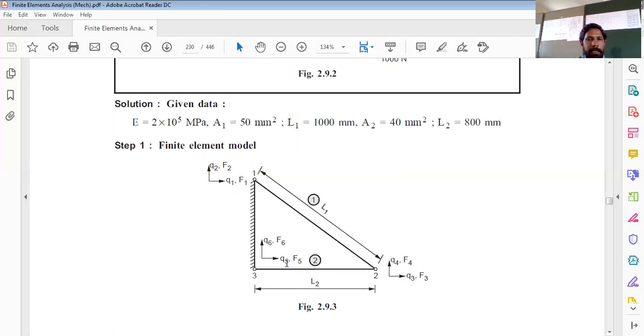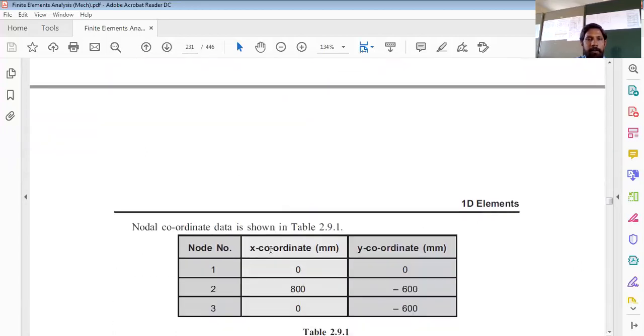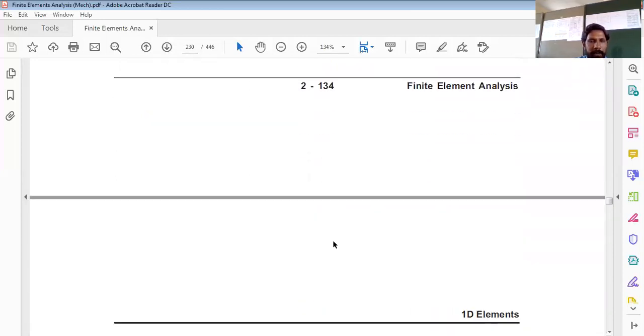At node number 3, the displacements may be q5, q6 along x and y direction, and the corresponding forces may be F5 and F6. In addition to this, we have to give the nodal coordinate data and element table data. So in addition to the formulation of the elements and nodes, we have to give their coordinates in terms of nodal values and element values. Please try to understand.